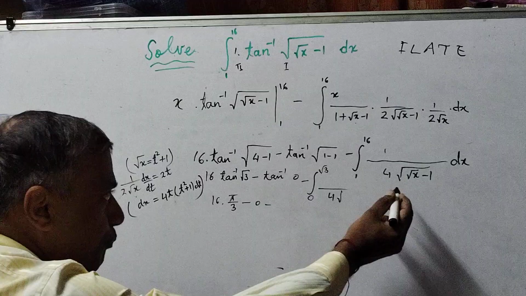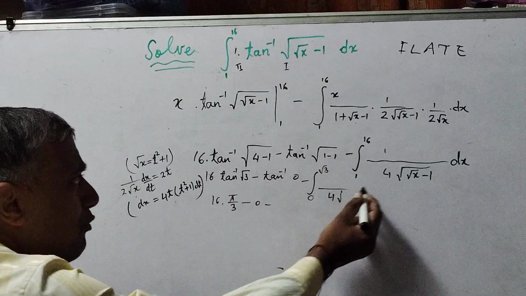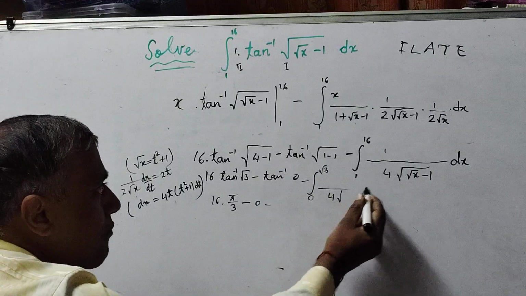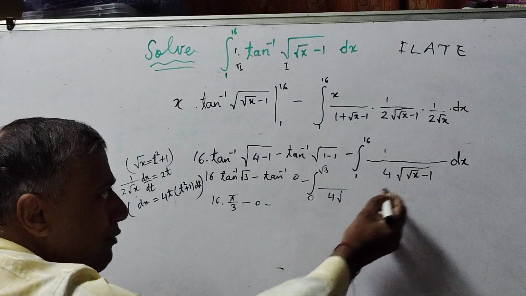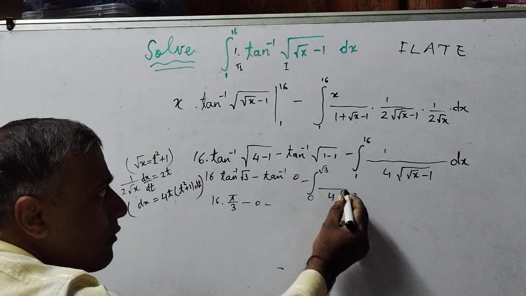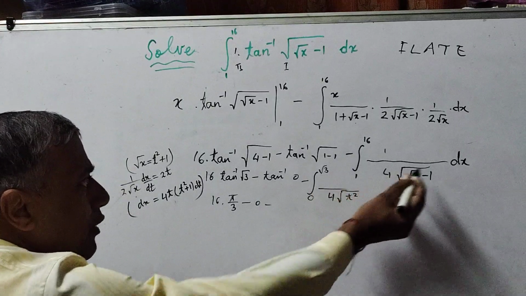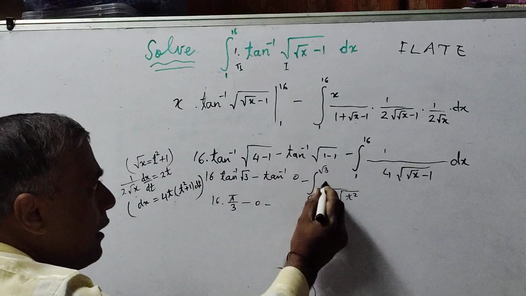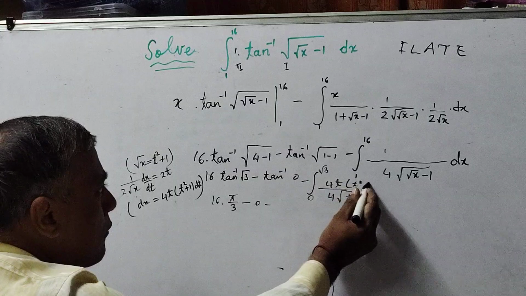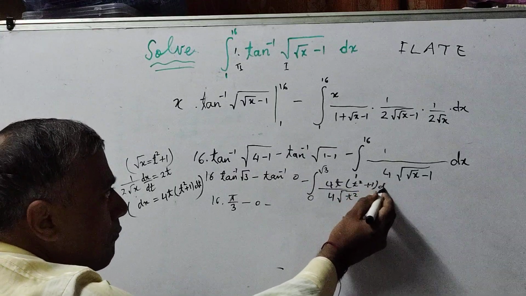And here we are plugging square root x equal to t square plus 1, so plus 1 minus 1 cancel, only square root of t square left, and the numerator for dx we write 4t times (t square plus 1) dt.